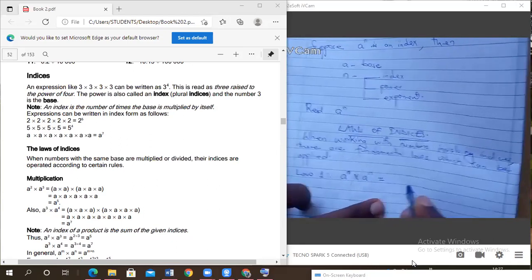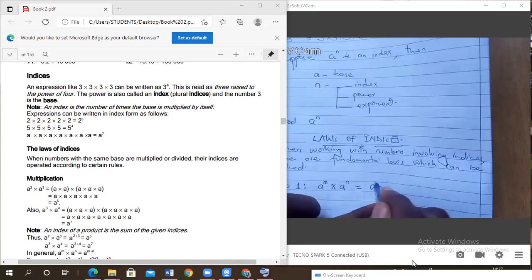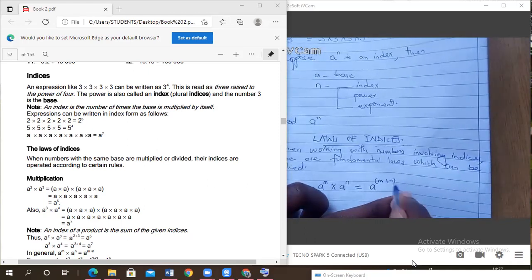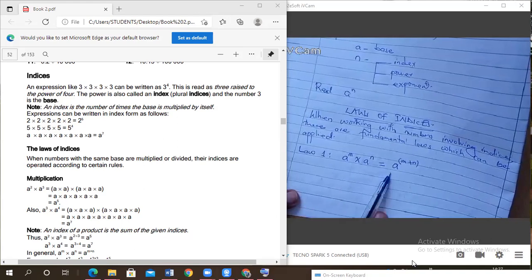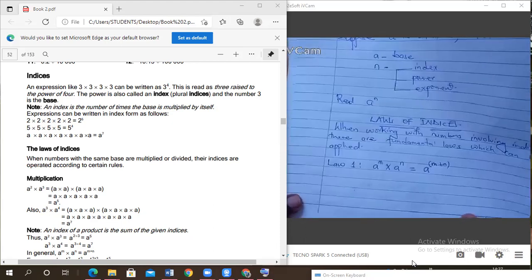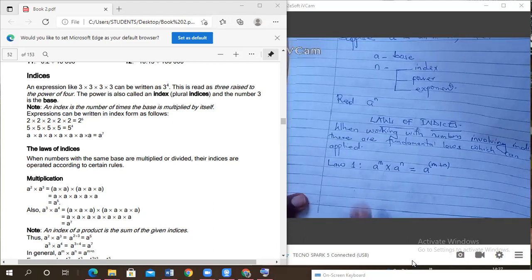The law says this is the same as a to the power m plus n. Are you together? So what you see is that they must have the same base. The law is only applicable when they have the same base. So a to the power m times a to the power n is the same as a, which is now a single base, to the power m plus n. That's law number one. And the reverse is true.